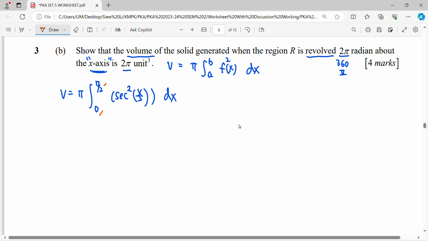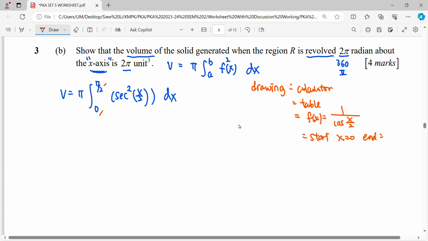Or another way, if you're facing a problem in drawing, you can use the calculator. You use the calculator's table mode, so that you plot one by one. Plot the function which is 1 over cos of x over 2, starting from the point x equals 0 and ending at the point pi over 2.